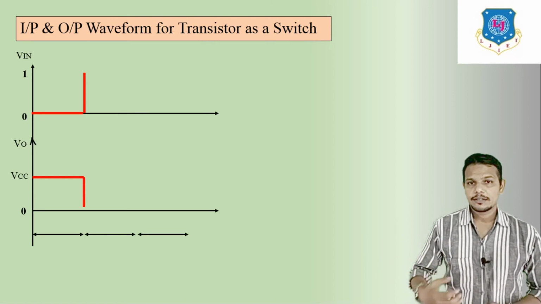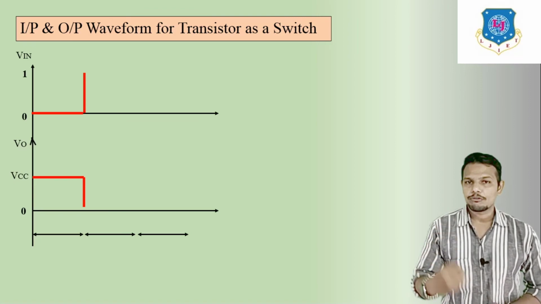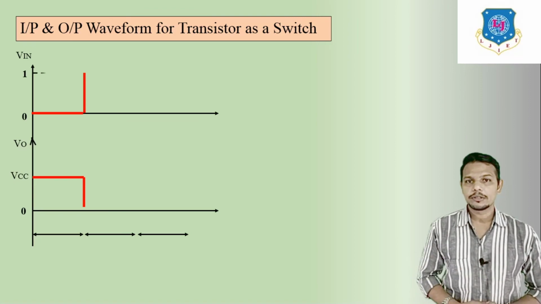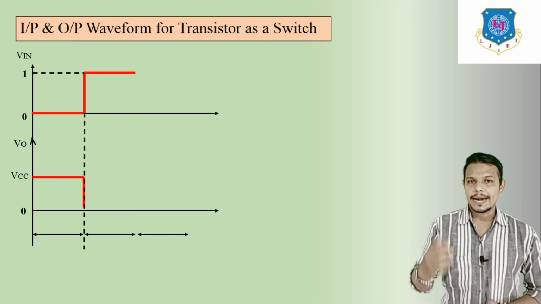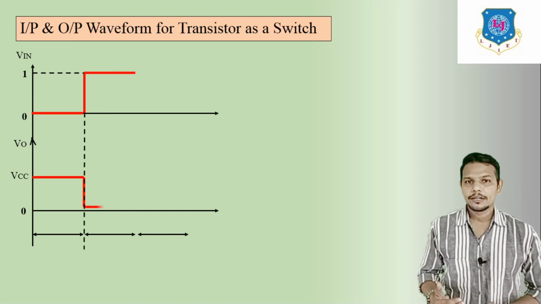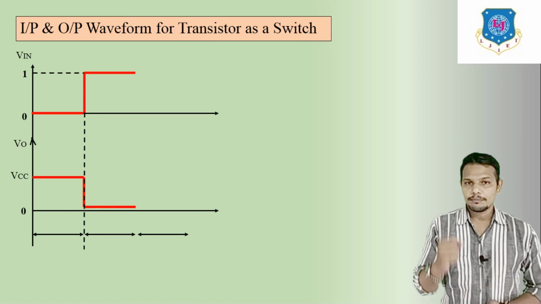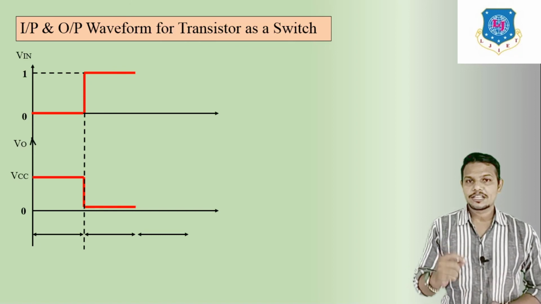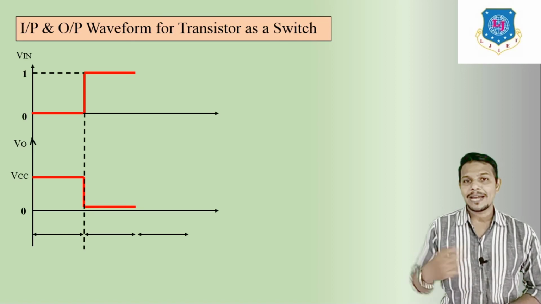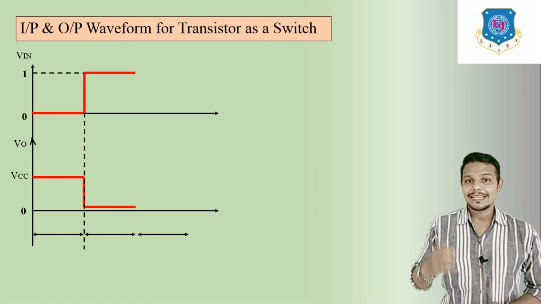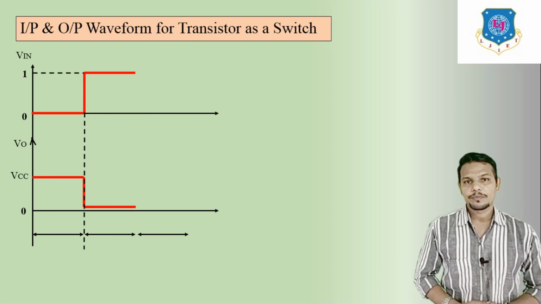In the next case, if you enter 1 as the input, at this time you will get 0. Be precise, this is not exactly 0. It depends on the resistor and many more factors, so it is nearly equal to 0.